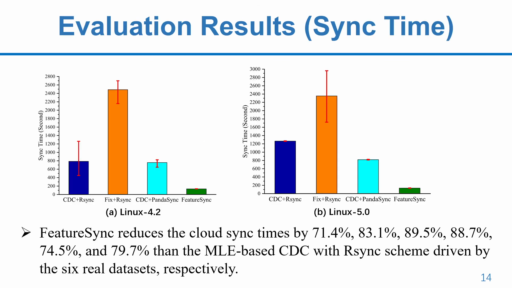Because other existing sync schemes do not support encryption, we use two different chunking methods to encrypt the file, and then use sync tools. We also use packaging for other schemes and chose the same window size as Feature Sync to ensure fairness. This figure shows that the sync time of Feature Sync is much lower than other schemes.